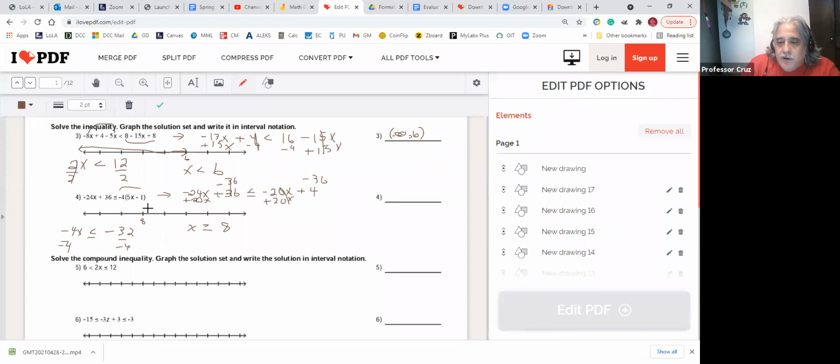It's greater than or equal to, so it's a bracket. So the interval notation is going to be as such. Remember, for both of your infinities, negative or positive infinity, that's always a parentheses because you can never get to infinity. This was for the less than 6, and this is for the greater than or equal to 8.